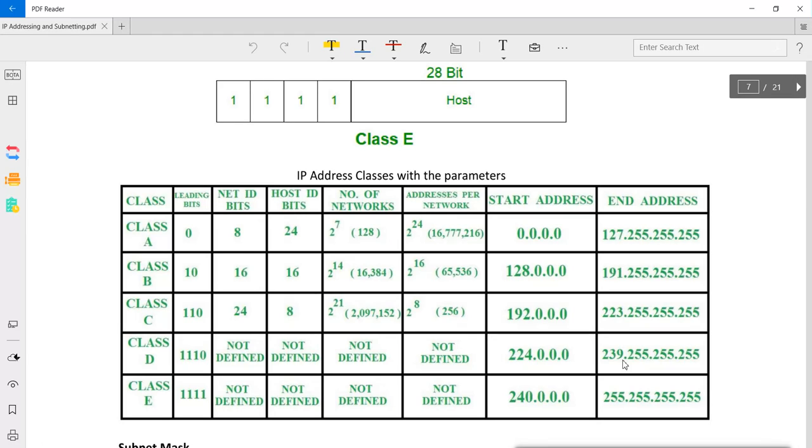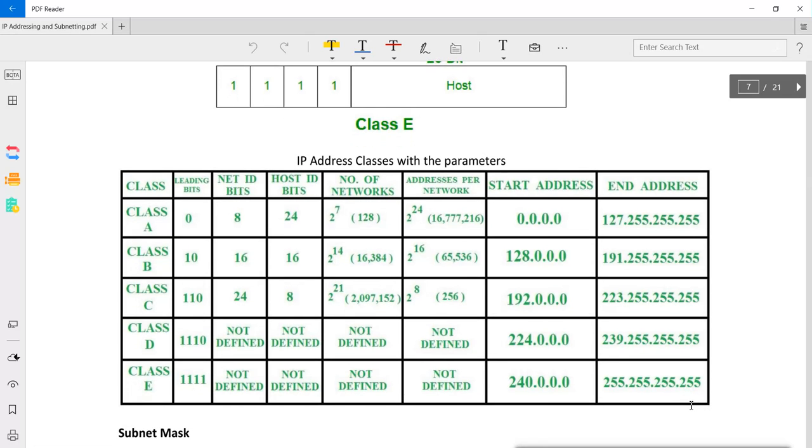Now, the first address 0.0.0.0 is reserved for the default route, and the last IP, 255.255.255.255, is also a reserved kind of IP, and this is for the global broadcast.